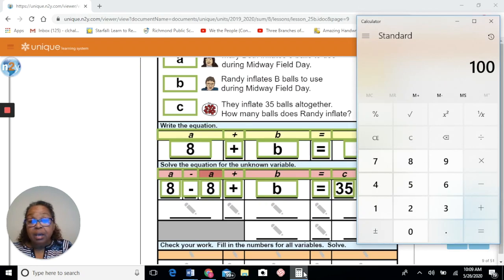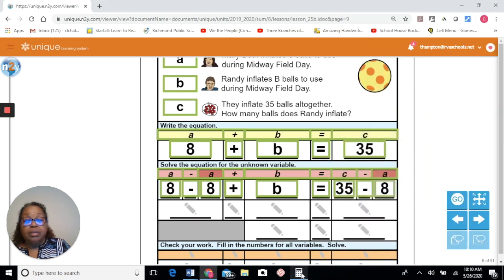I don't think we need the calculator for that, but let's just put it up there because we have it. 8 subtract 8 will equal 0. So we know this, if we solve this part of the equation, it's going to equal 0.